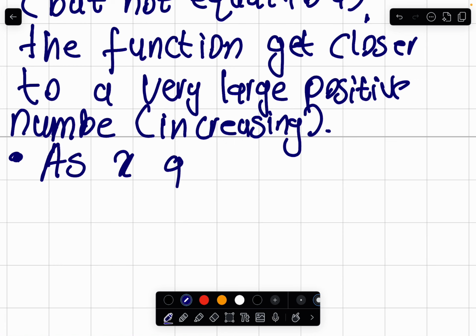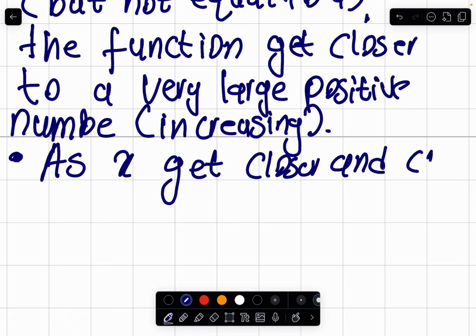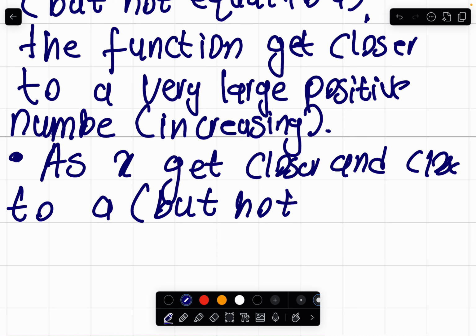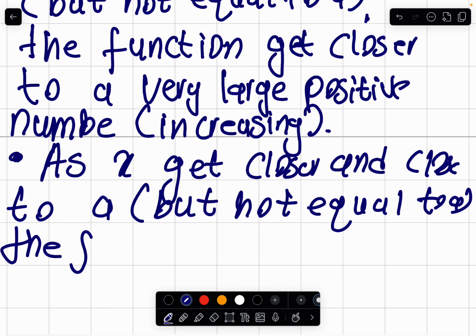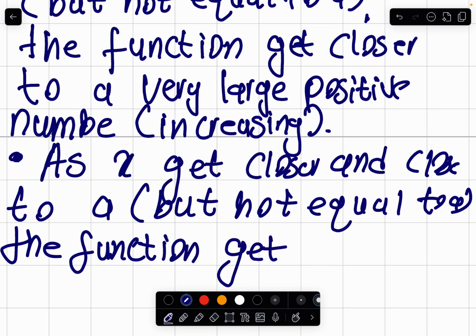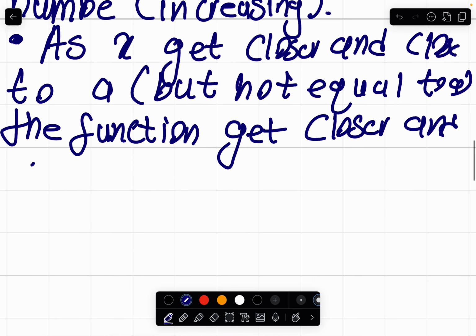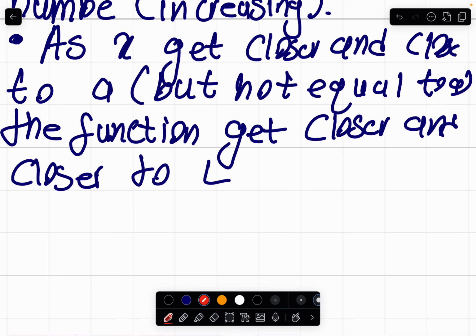As x gets closer and closer to a but not equal to a, the function gets closer and closer to L. Understand?